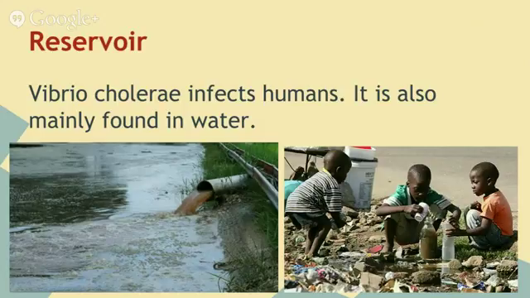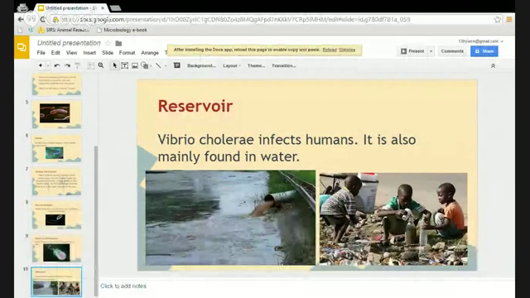Once it is in the water, when humans drink that water that has been mixed with feces, that's what causes the person to become infected. That's a really good way for cholera to live. It's kind of interesting. It seems kind of smart to say, if I live in a human and I'm released from the human this way, then I can get back into the human through their water source. So I thought that was very interesting.